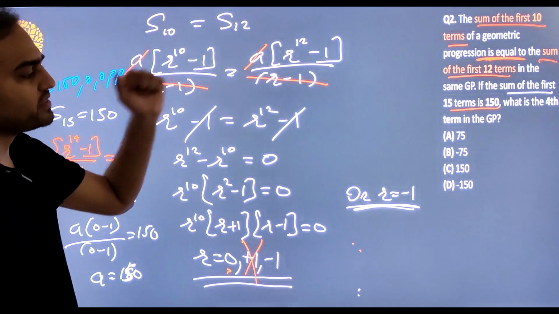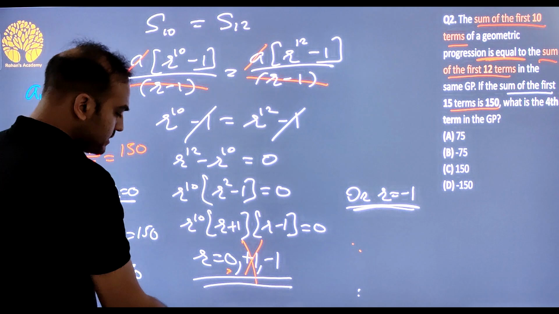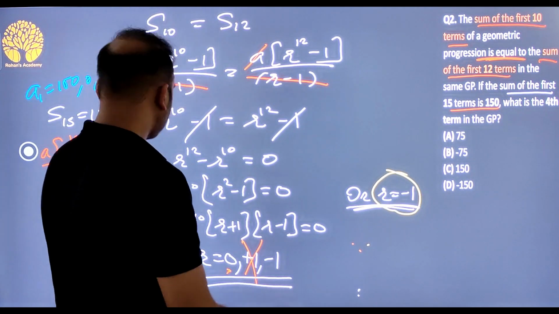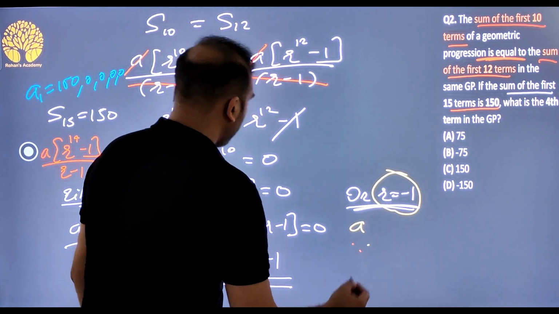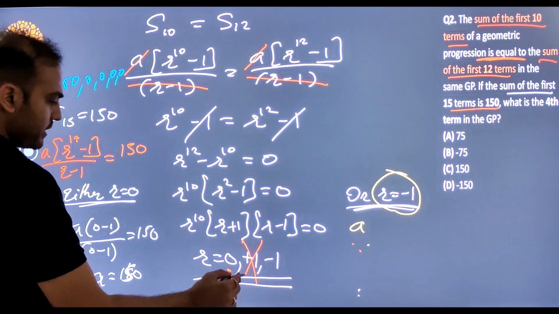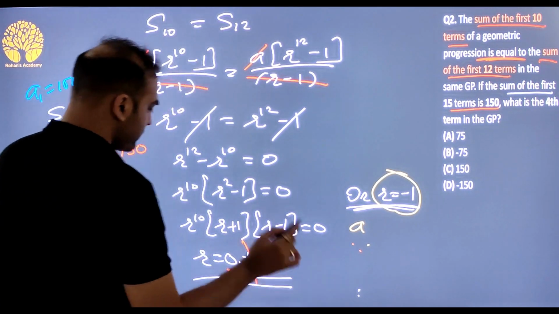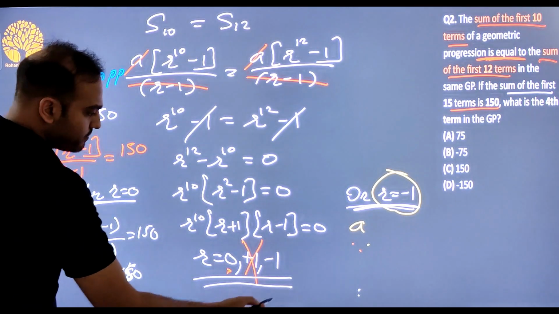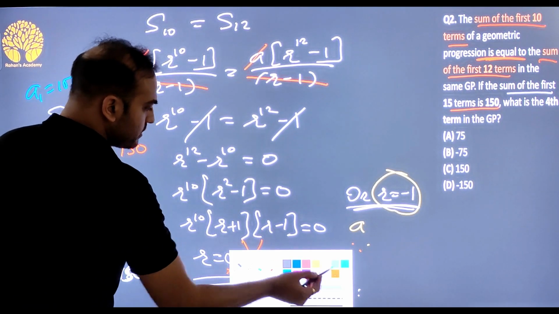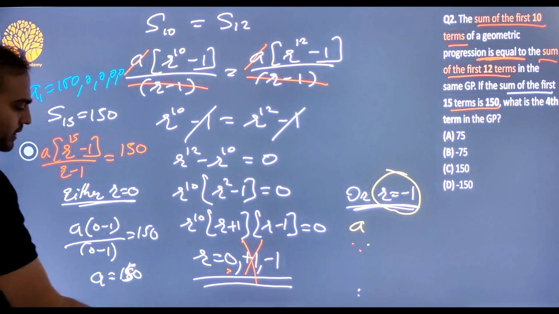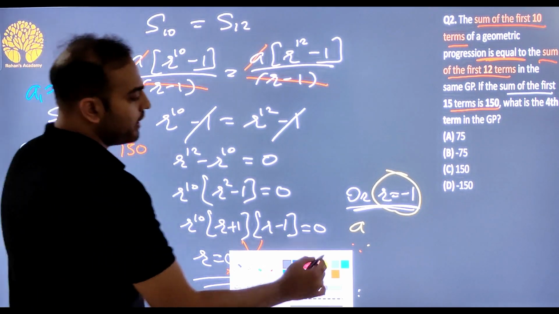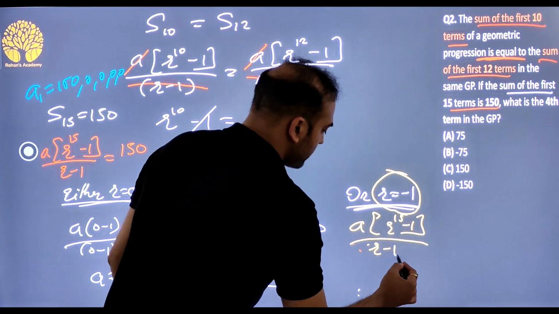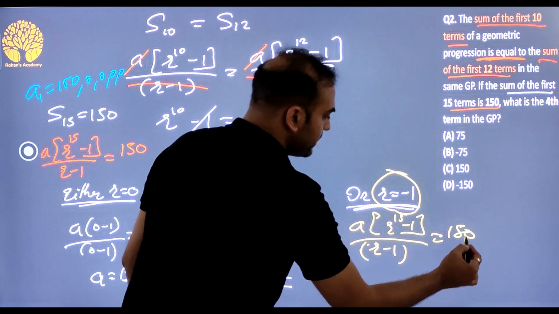Then a4 will also be 0. Or else let's look at the second scenario when R is minus 1. My bad guys, I made one mistake, this should be 15. The sum formula is A into R power 15 minus 1 by R minus 1 is equal to 150.